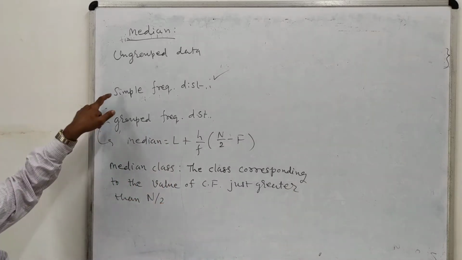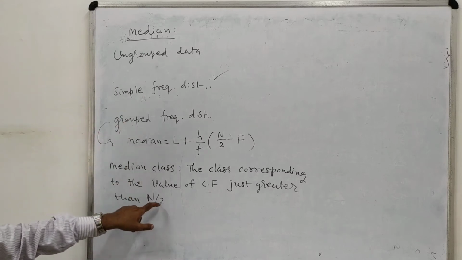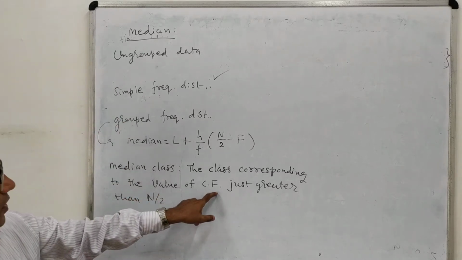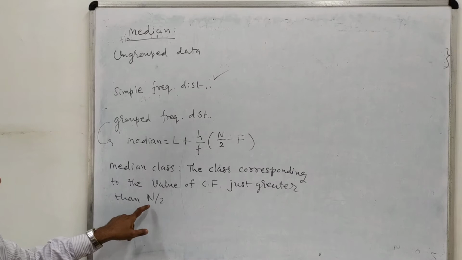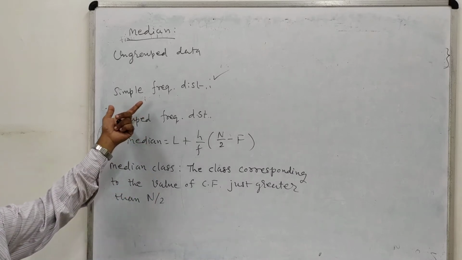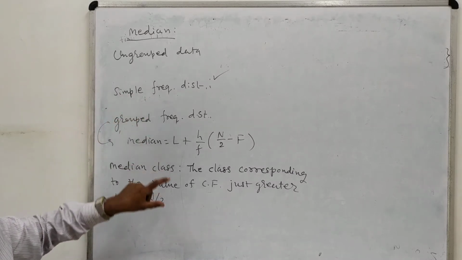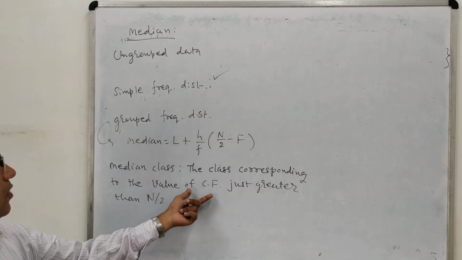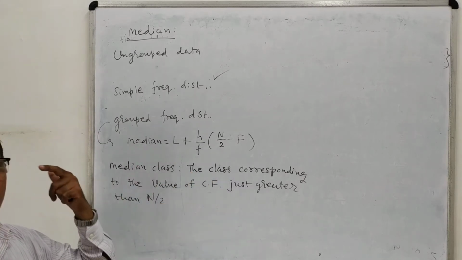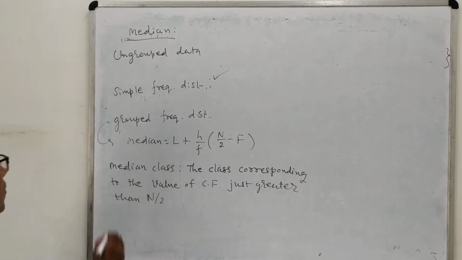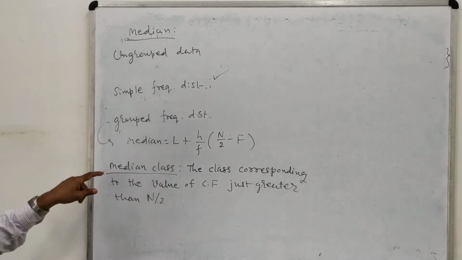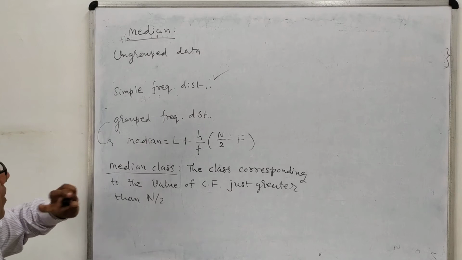In simple frequency distribution, we were finding capital N by 2, then we were finding the cumulative frequency just greater than capital N by 2, and the corresponding value of X we were calling the median. But here, the corresponding value of X we will not get. Here we will get the corresponding class, and this class we will denote as the median class. So first find the median class.